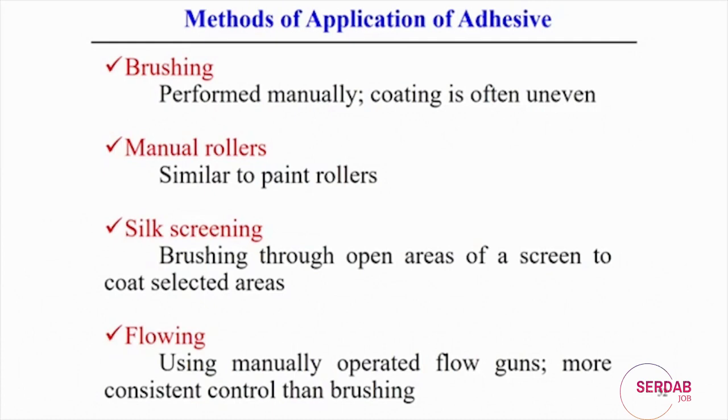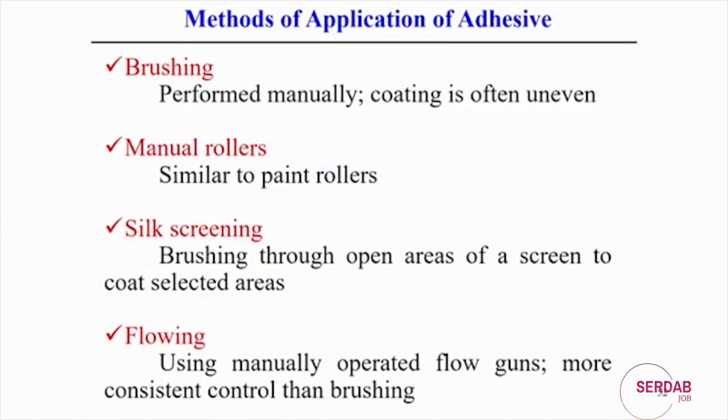And flowing. Usually a manually operated flow gun is required, when consistent control is required, and it is advantageous compared to the simple manual brushing process. So, these are the typical methods for application of the adhesives to the substrate material.